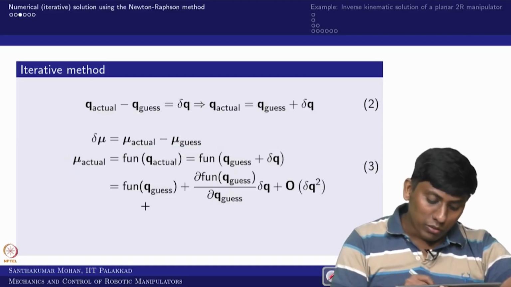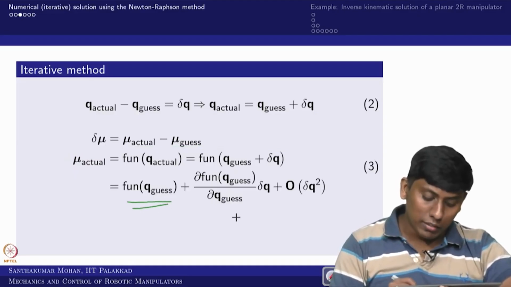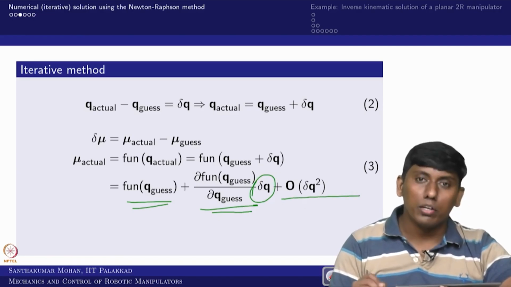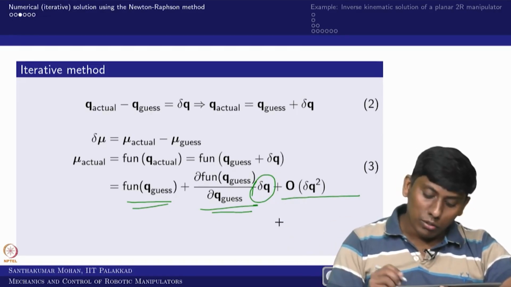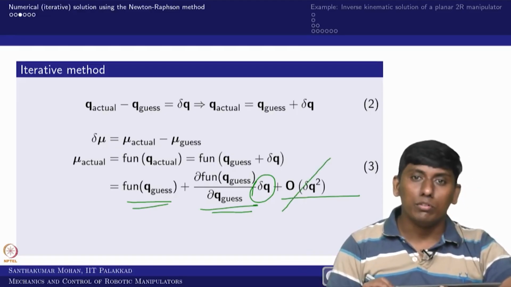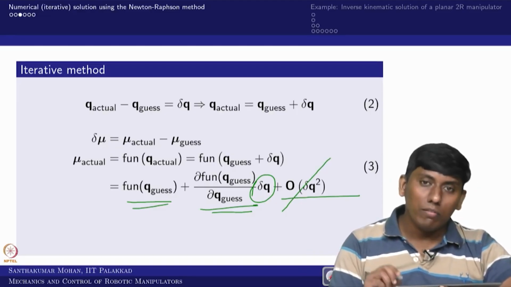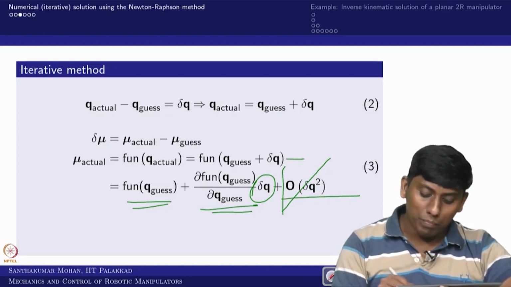That will give a function of q guess plus the partial derivative multiplied with delta q, and the higher order partial derivatives multiplied with delta q squared and other terms. We are assuming that this delta q is very very small, so all of these higher order terms we are making 0.